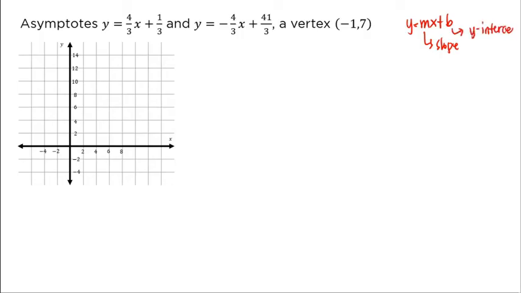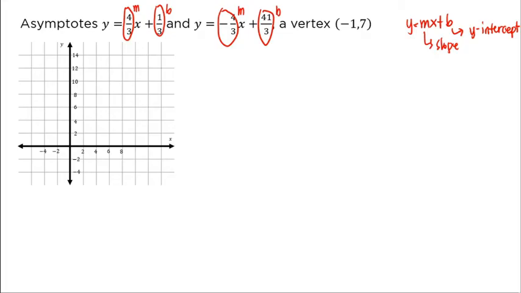Okay? So from that, we have here our first equation, 4/3 x plus 1/3, where 4/3 is the slope, and 1/3 is the y-intercept. And for the second equation, negative 4/3 is our slope, and 41/3 is the y-intercept.